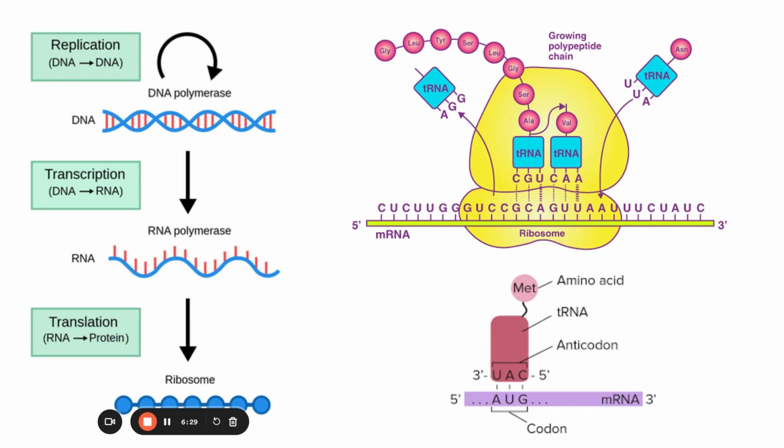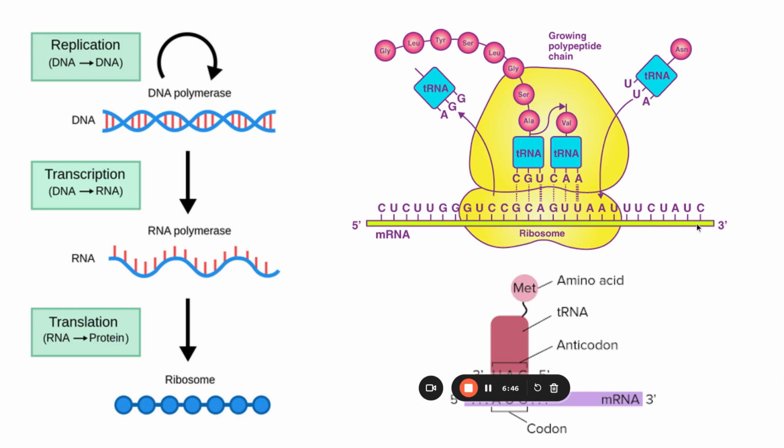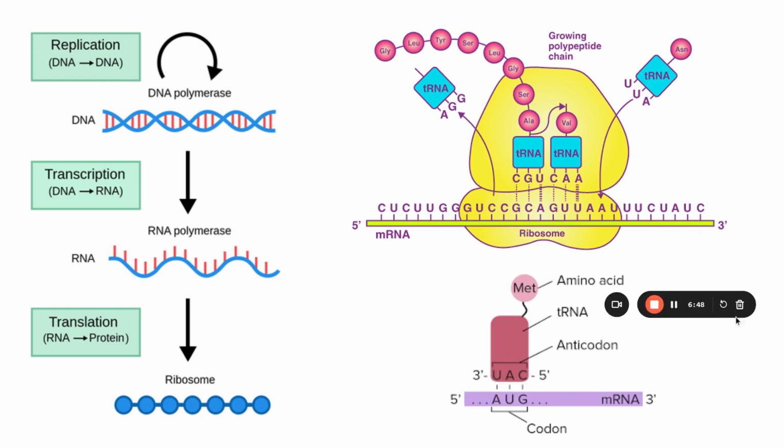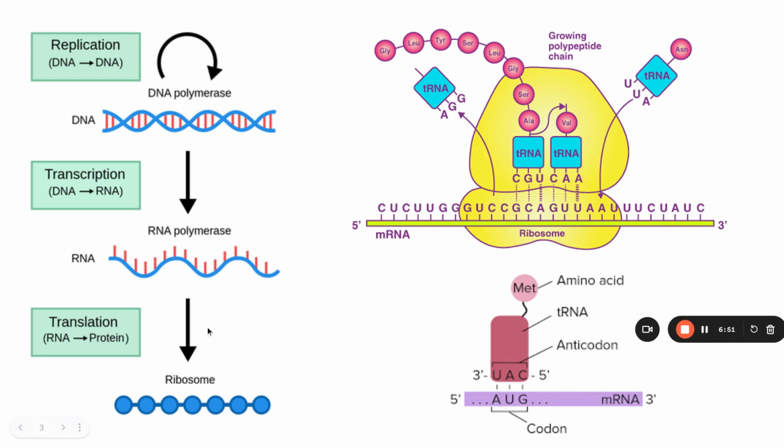So just to refresh our memory of what is going on, we were looking at translation, the translating of the genetic material into protein. And what that involves, let me get this out of the way. I dropped my mouse, so I have to use this. Okay. So what proteins are made of, they're made of amino acids.